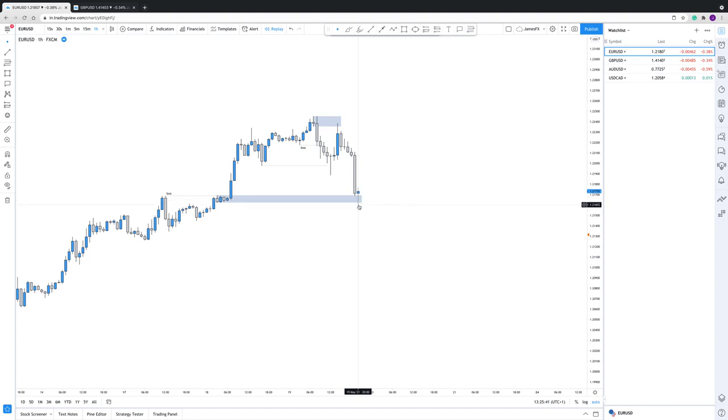Is it breaking momentously, or is it breaking correctively with wicks? And we can see it is breaking with wicks. So on a lower time frame, if we get a wick on an hourly time frame, it will be an order block on a lower time frame. So wicks just show us order blocks on lower time frames.